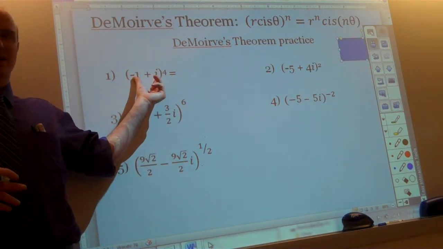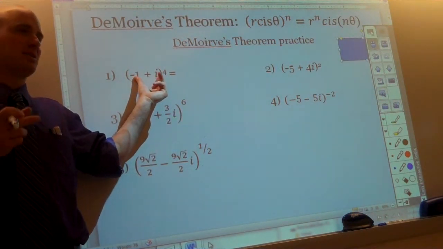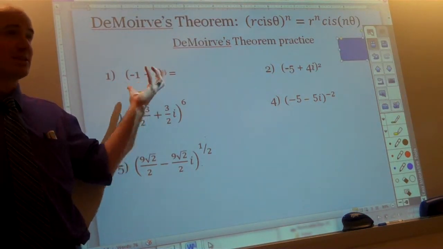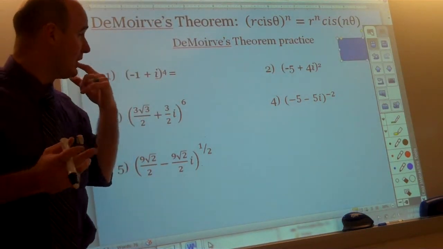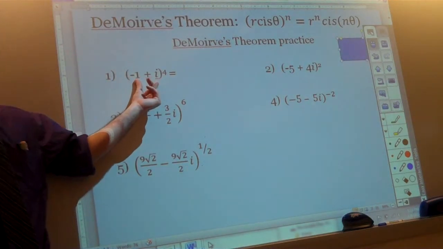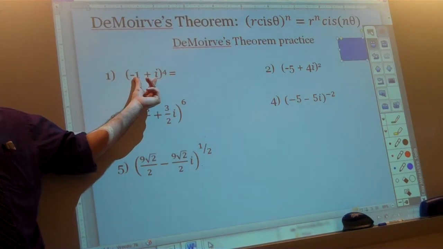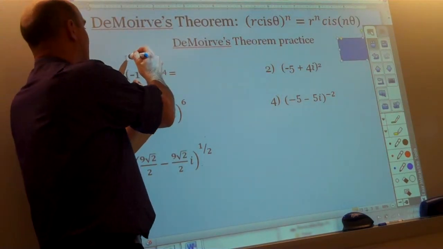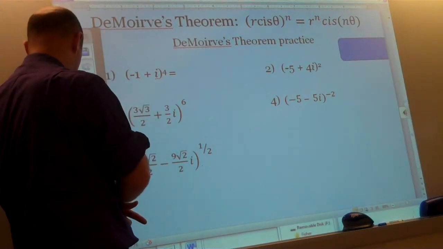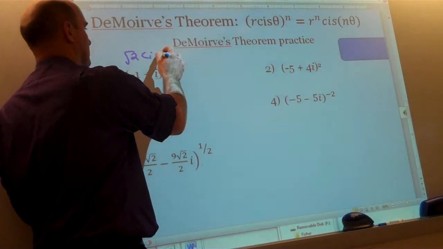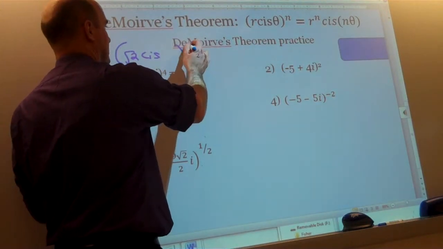So when you're looking at this, think of it not as a complex number a plus bi, but sides of a triangle being 1 and 1. That's isosceles, right? So when my sides of the triangle are 1 and 1, back in geometry, what's my radius or my hypotenuse? Root 2, right? So this number in polar would be root 2 cis.